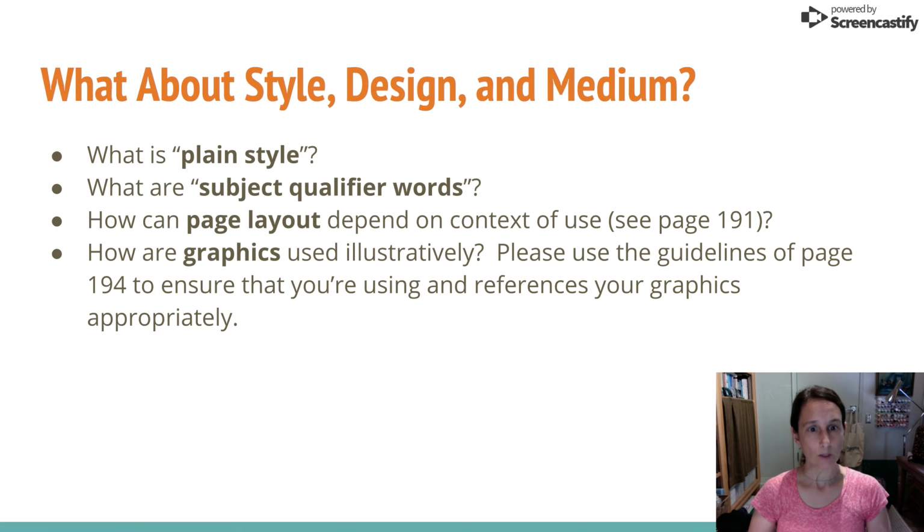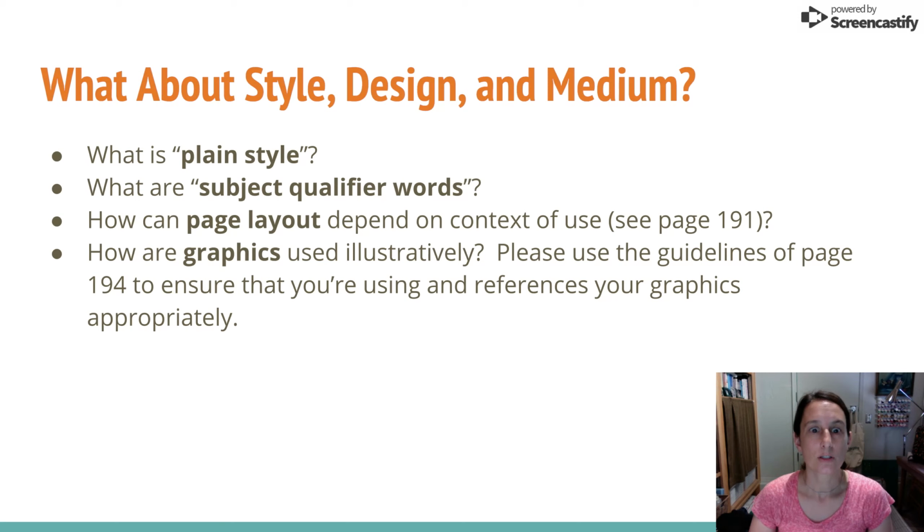So anything that you're saying or writing for your instructions when you're writing your script, you're going to want to compose and speak in plain style, which means you're not going to be using jargon or discipline-specific terminologies. Similarly, I want you to think about when subject qualifier words are appropriate.